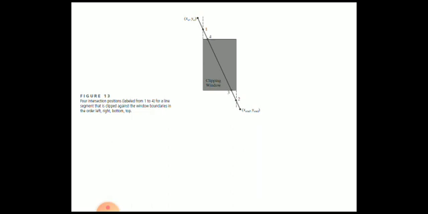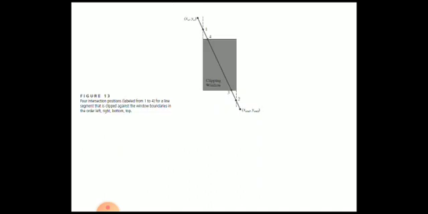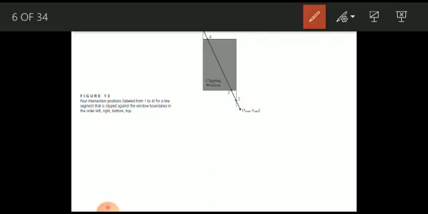First, as you can see, the clipping happens with respect to the left boundary, then it is with respect to the right boundary, and then the bottom, and at last it is the top boundary. So this is the sequence of clipping any line segment with respect to the clipping window.